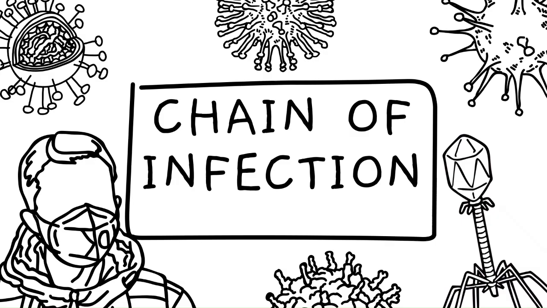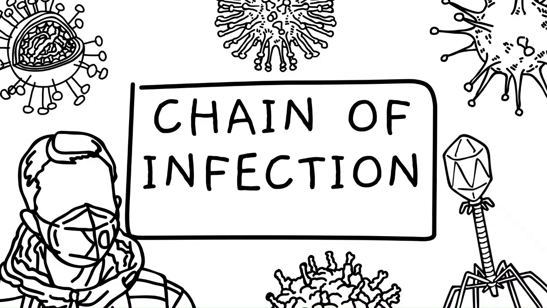So what is the chain of infection? Before we move on to how to prevent and control diseases, let's understand something very important, which is the chain of infection. A chain is made up of connected links.